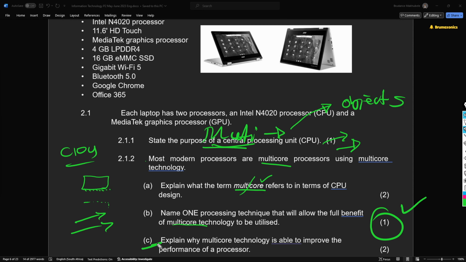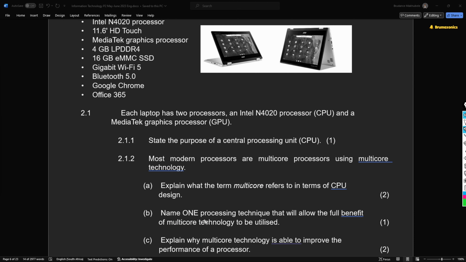Number C, explain why multi-core technology is able to improve the performance of a processor. So we are still talking about multi-core, right? As we are talking about multi-core technology, we are still talking about processing these tasks simultaneously, right?